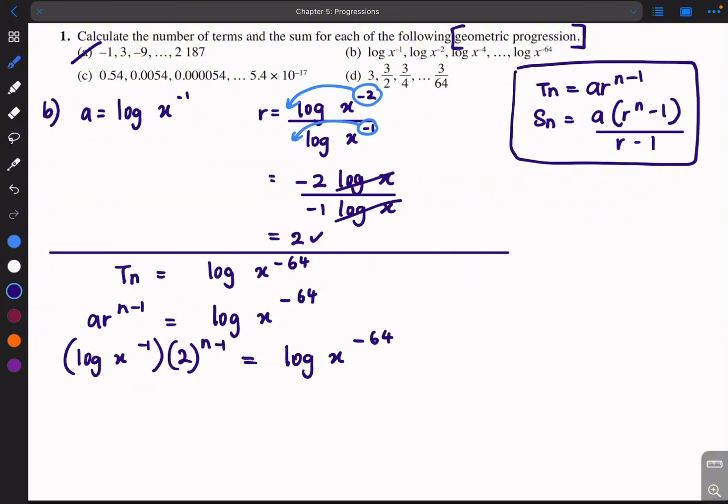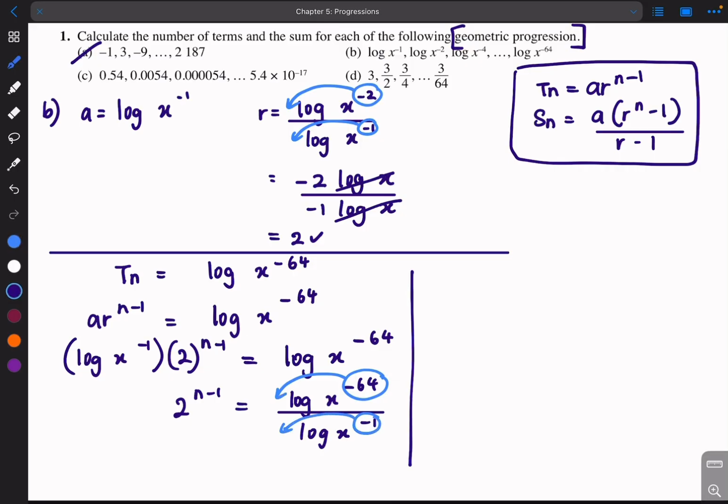Okay, so we leave the 2^(n-1) here, we bring this log over here. So this becomes log x negative 64 over log x negative 1. And then the negative 64 and the negative 1 we can bring forward. So this will become 2^(n-1) is negative 64 log x over negative 1 log x.